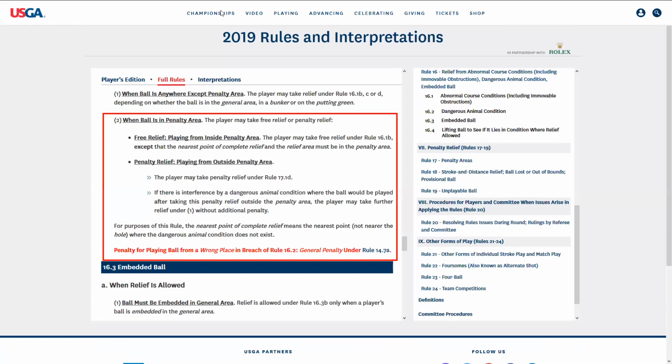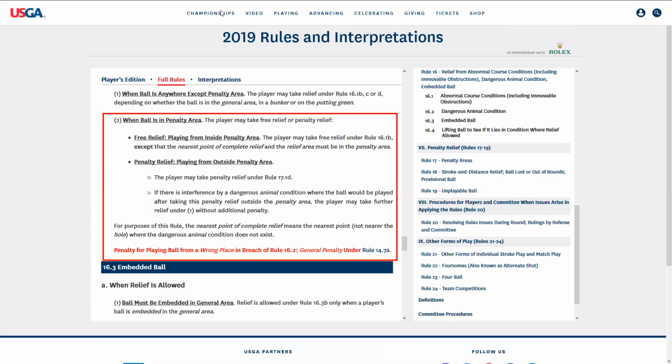Then it goes on to say, the player may take relief under Rule 17.1d, and if there is interference by a dangerous animal condition where the ball would be played after taking this penalty relief, the player may take further relief under number 1 without additional penalty. What that says is as follows. You decide that there's a dangerous animal, it's an alligator, and you decide to take lateral relief.